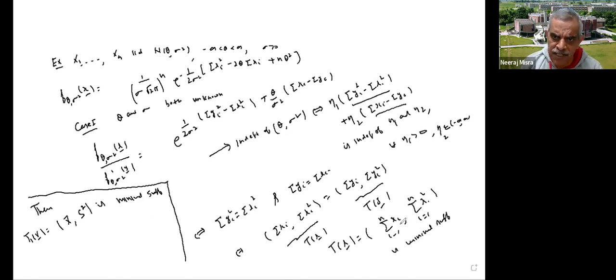So T1 is a function of T, because given T, you can find X bar, and you can find S square, which is 1 upon n minus 1 times summation xi square minus n X bar square. And given X bar and S square, you can find summation xi and summation xi square. Because T1(x) is a one-to-one function of T, this solves your part 1.